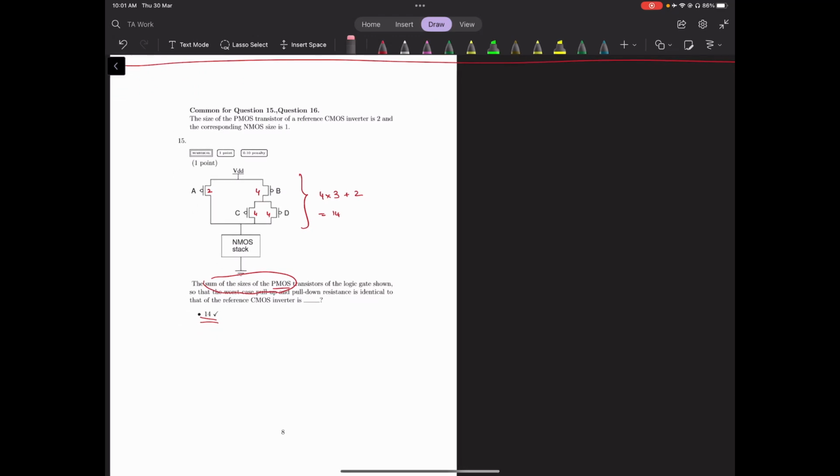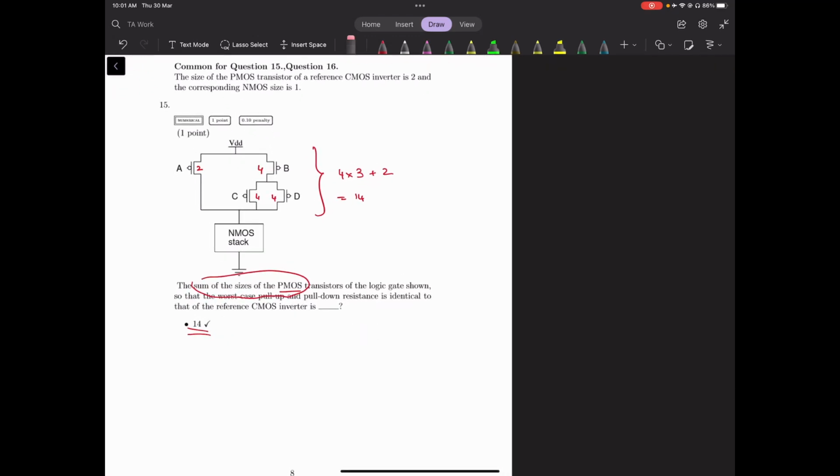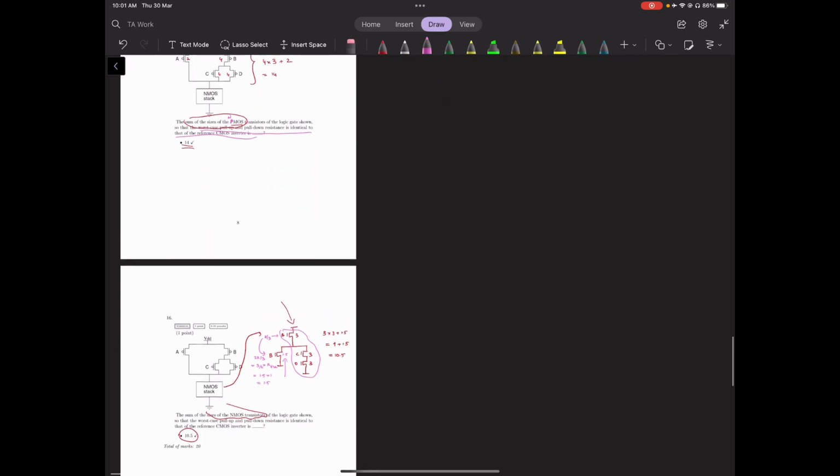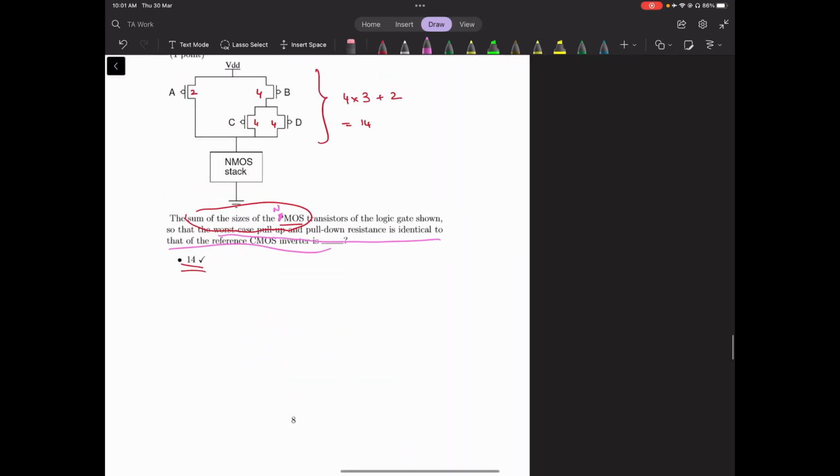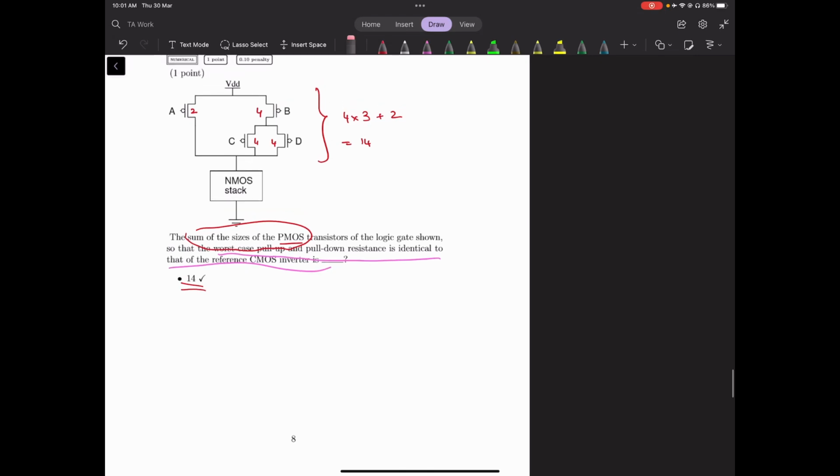In question number 15, we are given the following PMOS sizes, and we are asked to find the sum of sizes of the NMOS transistors so that the worst case pull up and pull down are identical. We were given the question without the sizes, so I have filled in the sizes over here.